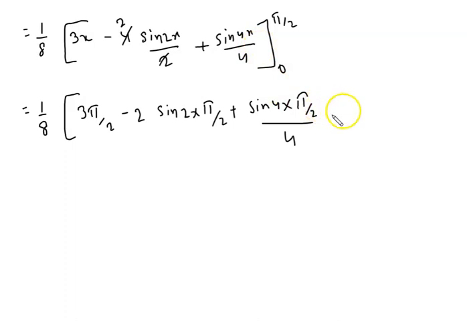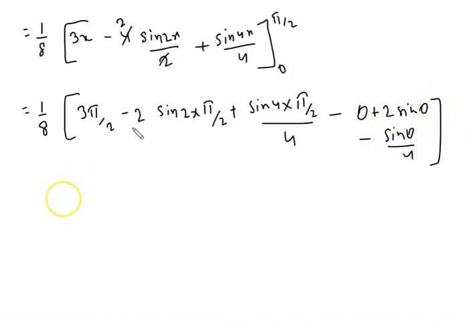And after putting the value 0, we get 2 sin 0, and sin 0 by 4, with signs changed after multiplication with the minus sign.